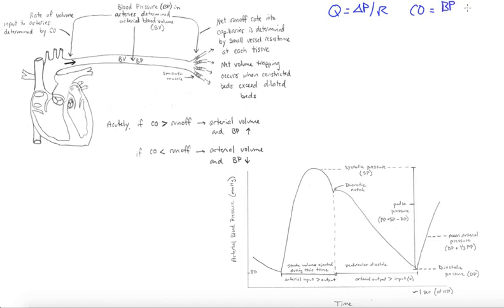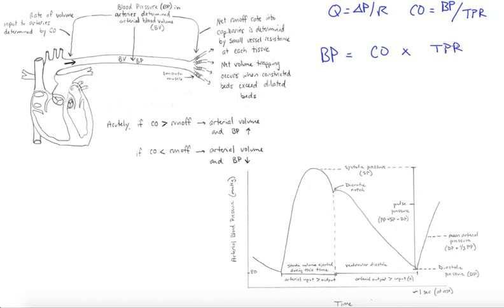That's the driving pressure for flow through the vascular circuits. And resistance would become total peripheral resistance. So if we solve this for blood pressure, we get blood pressure equals cardiac output times total peripheral resistance.